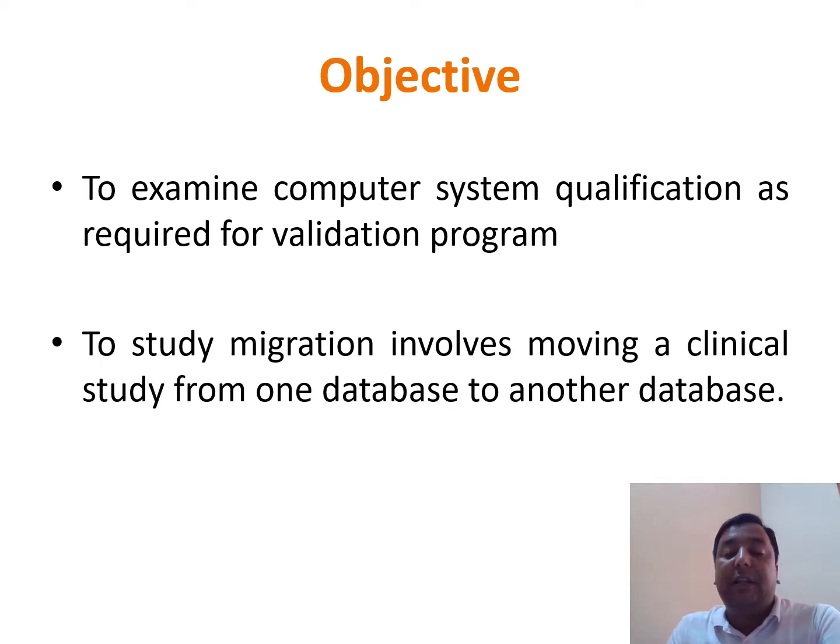Some conditions explain why we need to migrate data from one platform to another, after getting approval from the sponsors or clinical trial organizations, or the organizations who are maintaining these types of data. The second objective is to study migrations, which involve moving a clinical study from one database to another database.